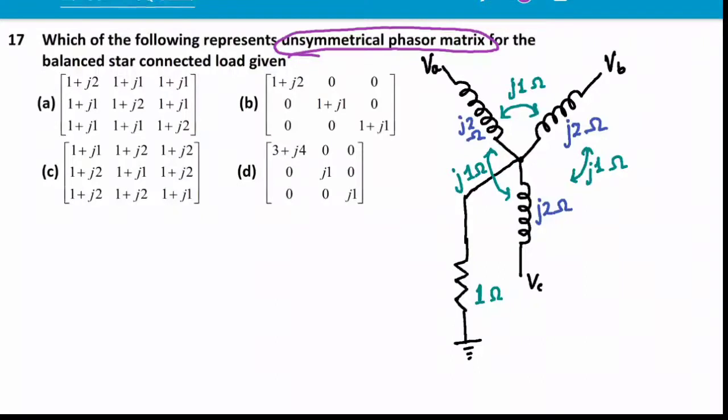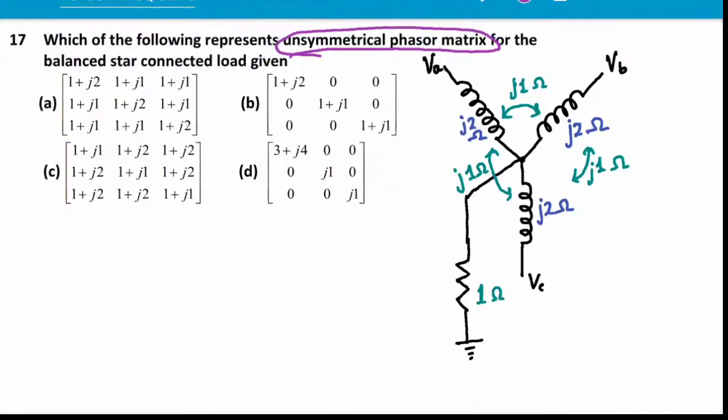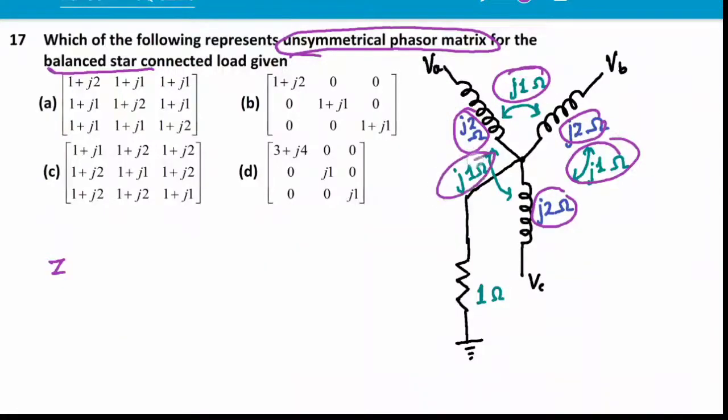Suppose these are all the same, balanced, and the mutual inductances are also the same. So self impedance I am writing as Zs, mutual impedance as Zm, and the neutral resistance as Zn.